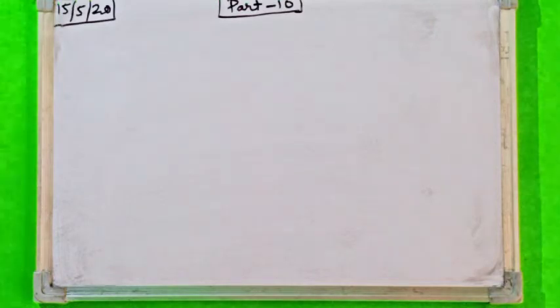As in the previous video, we had discussed the indirect methods for measuring large distances, such as the triangulation method, laser method, radar method, sonar method, etc. These are the indirect methods which we had discussed to measure large distances.